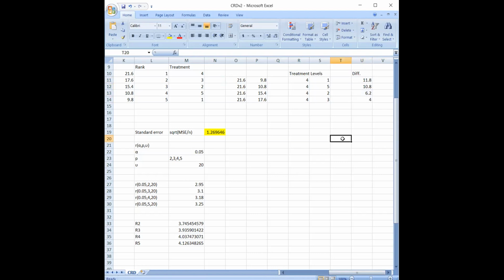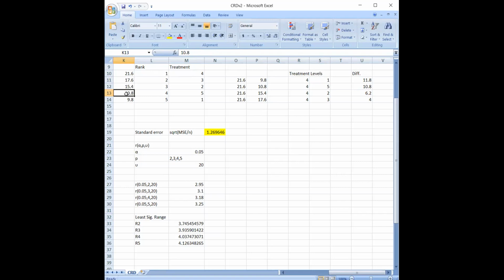Now we have to compare these differences with the least significant range. This is the least significant range value that we calculated. When you take treatment 4 and treatment 1, you can see in between you have 1, 2, 3 gaps, 3 means.